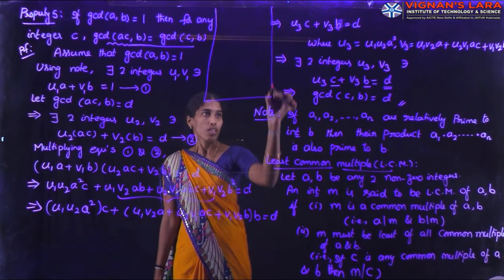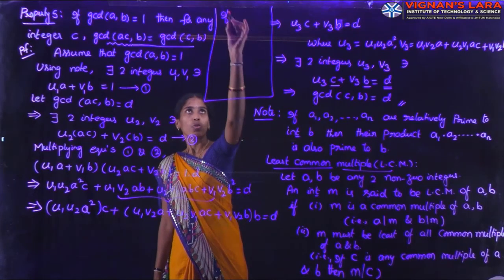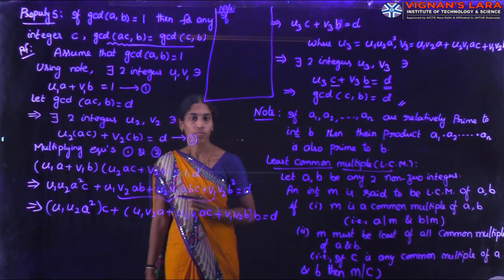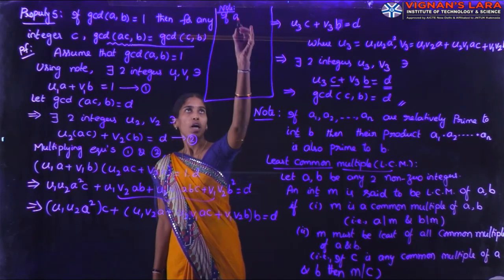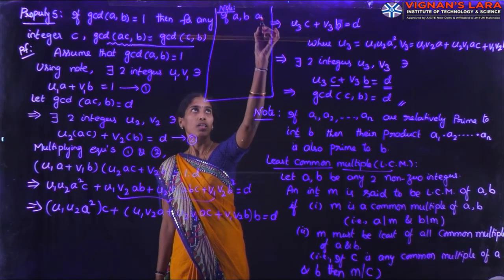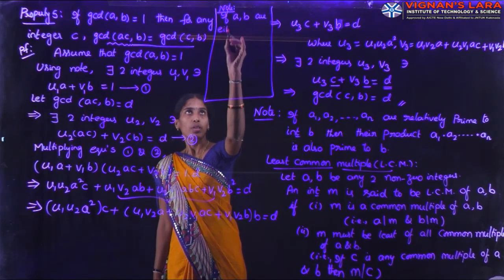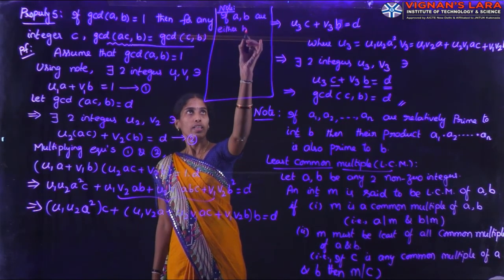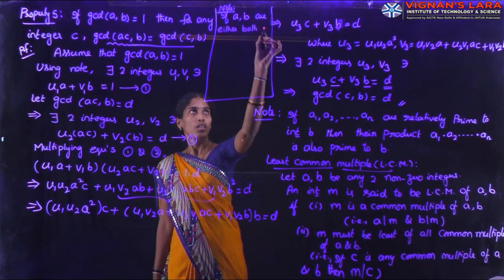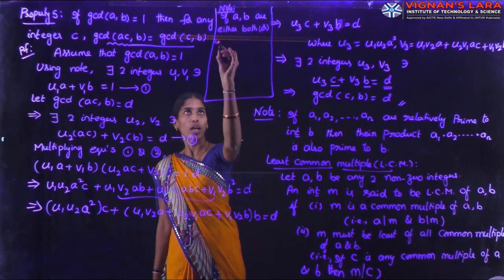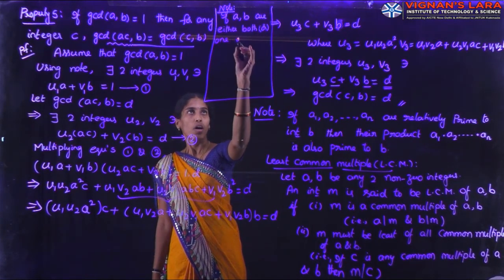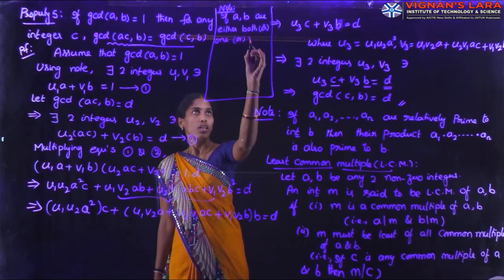Here if you see, note, right? If a comma b are either both negative, or one is negative, or none is negative.